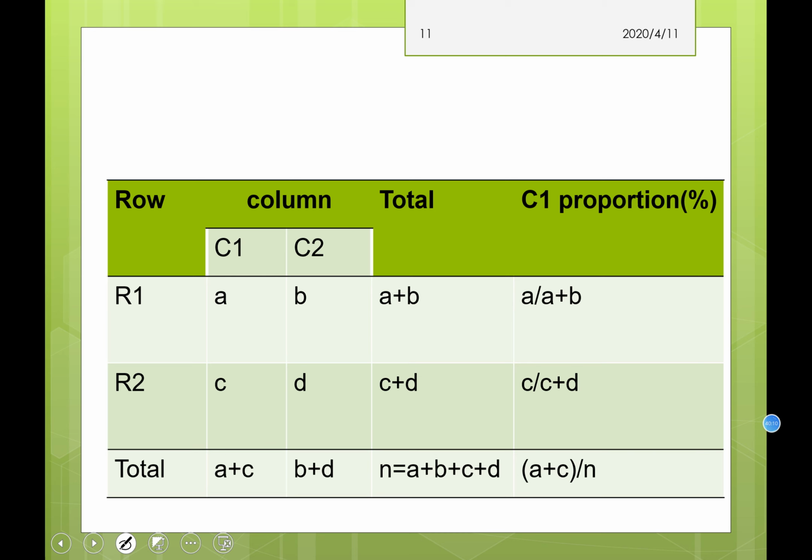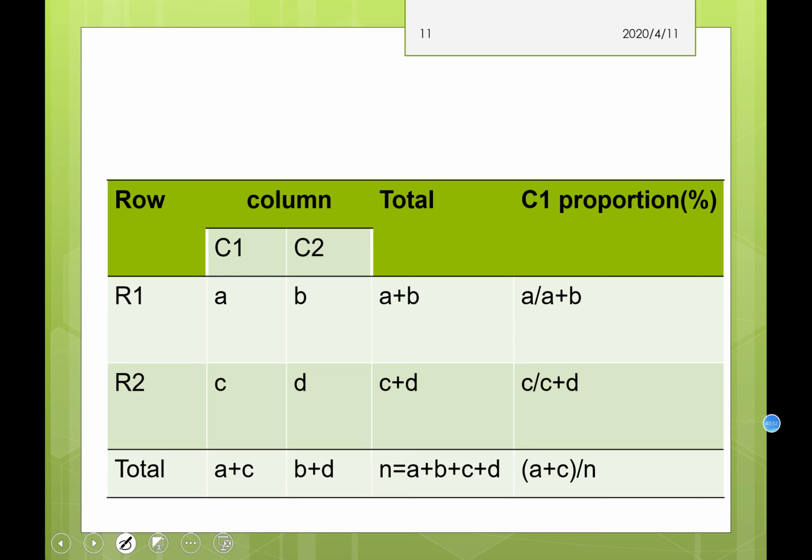Okay, here is how we can get the formula of the chi-square value. So here in general we use characters to represent the numbers which are given in the contingency table.